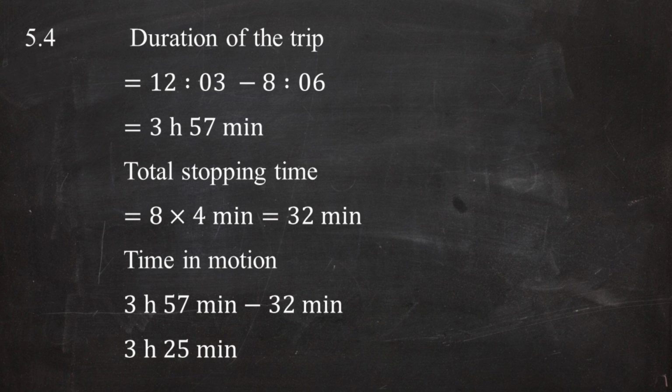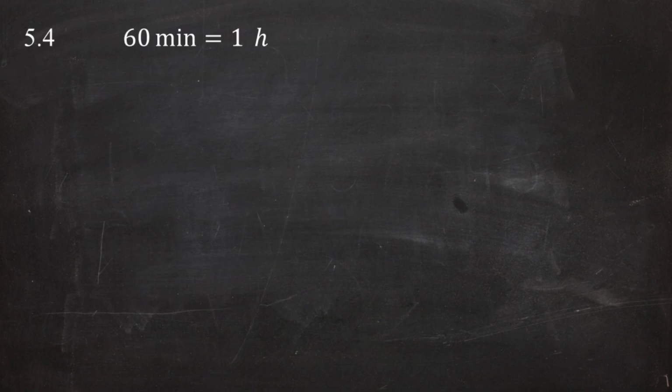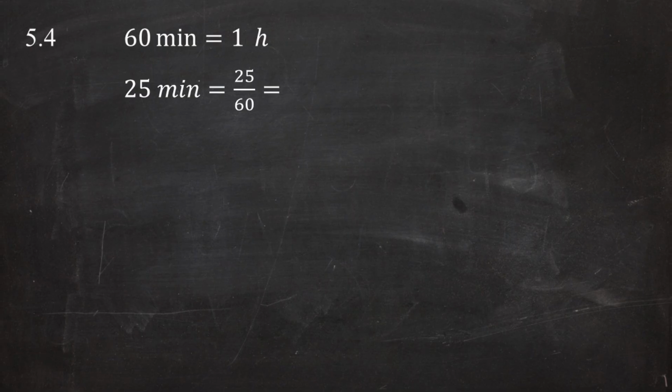Next, we will have to convert this time of 3 hours and 25 minutes to hours only. Since there are 60 minutes in 1 hour, 25 minutes will equal 25 minutes divided by 60 minutes in an hour, and this equals 0.416667 hours.